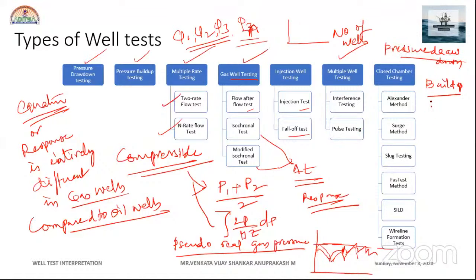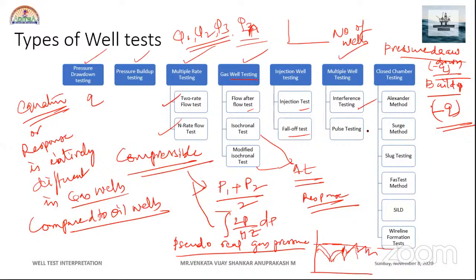If you take the flow rate Q in this case, here in the injection well we are injecting the water. So all this data, whatever you plotted, will be plotted with respect to negative Q, because we are injecting the fluid into the reservoir.